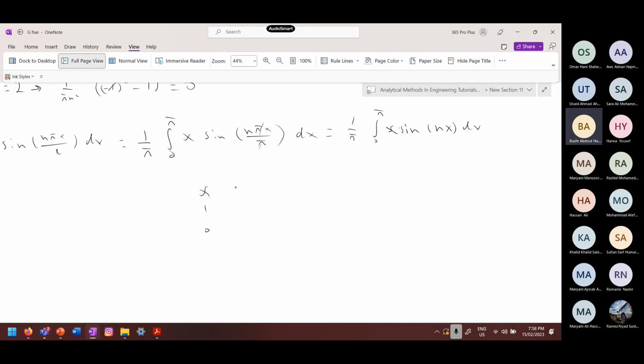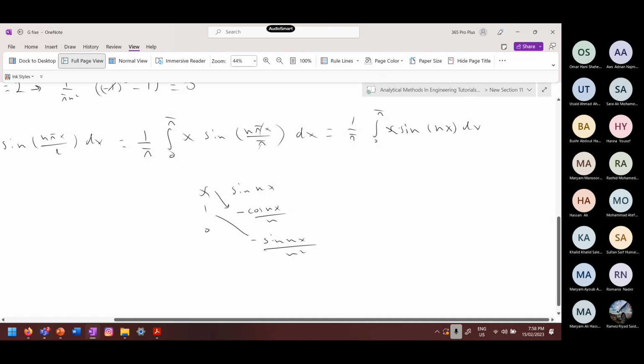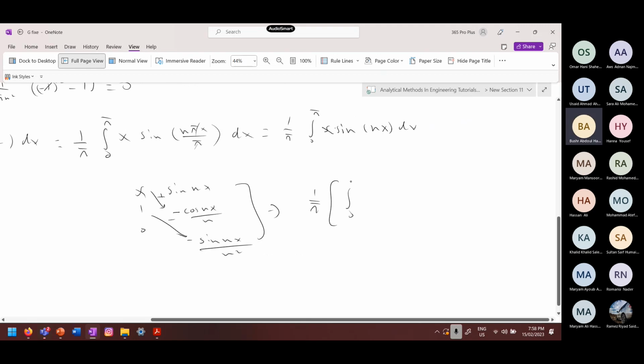Now you need to integrate it in a similar way to what we did for an. x, 1, 0, sine nx. The integration of sine nx is negative cosine nx over n, and then negative sine nx over n squared. Positive and negative. 1 over pi, 0 to pi.